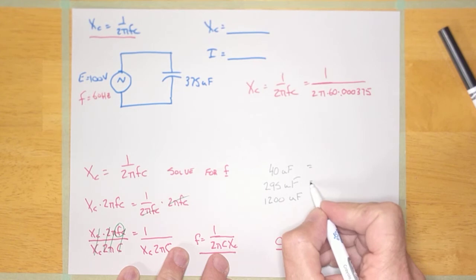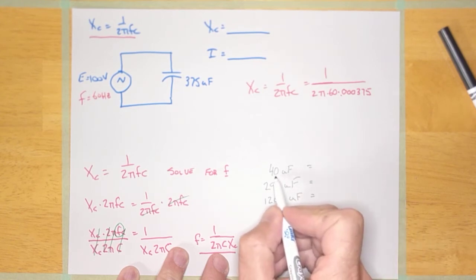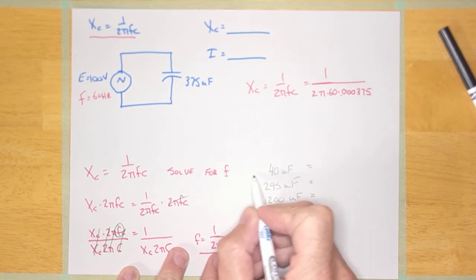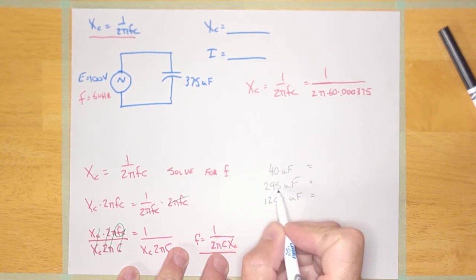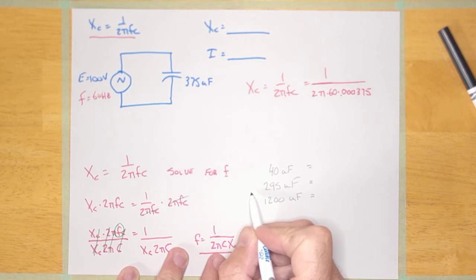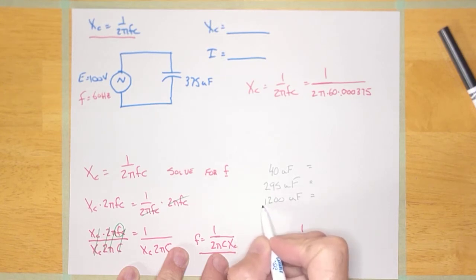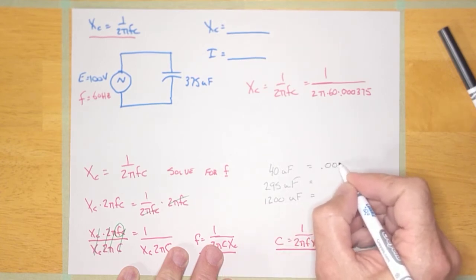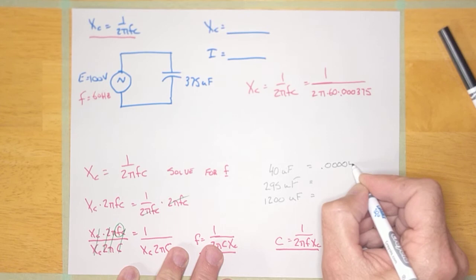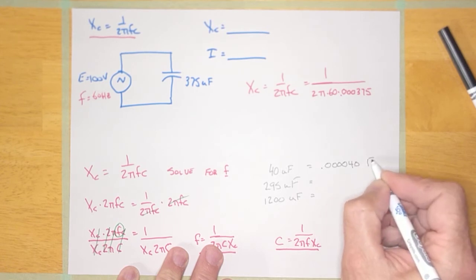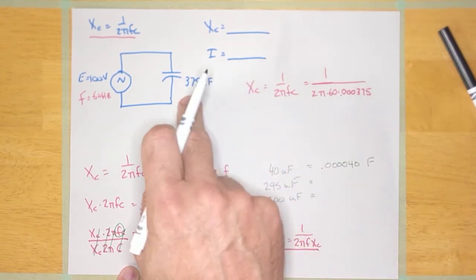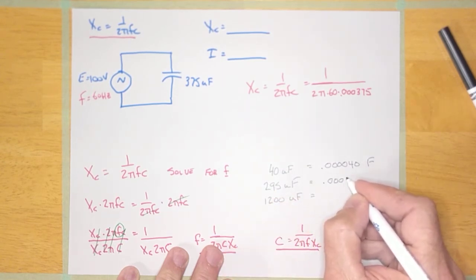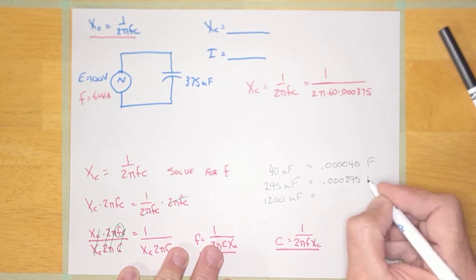Now, when I'm converting those to farads, I know I'm going to have to move the decimal place to the left 6, which means I'm going to put 4 zeros in front of the 2-digit one, 3 zeros in front of the 3-digit one, and only 2 zeros in front of the 4-digit one. Basically, when you're converting from microfarads to farads, make sure it has 6 digits in it, okay?